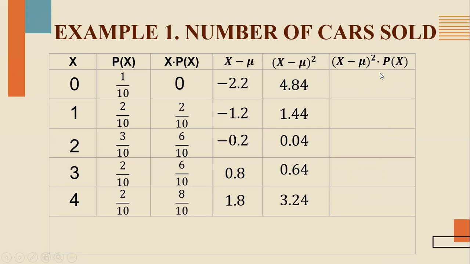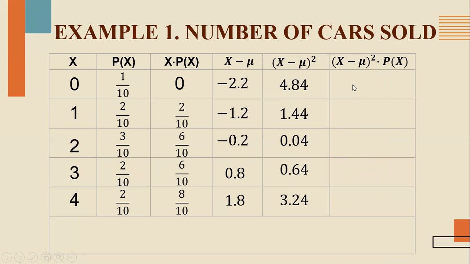And after that, this is now the formula. We have x minus mu, or x minus mean, squared times p of x. So we need to multiply this column, our fifth column, and our second column. So second column times the fifth column.